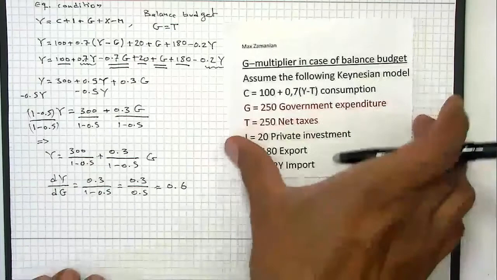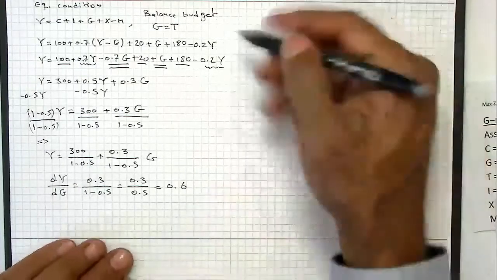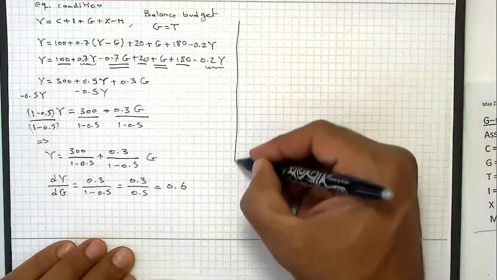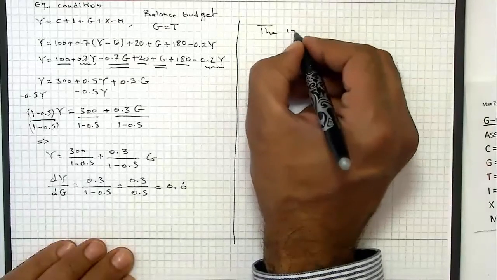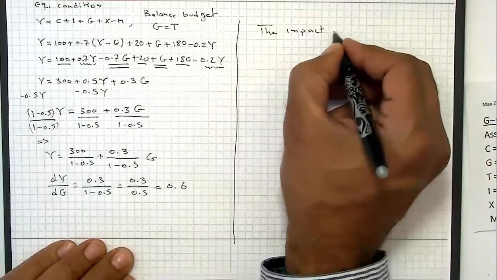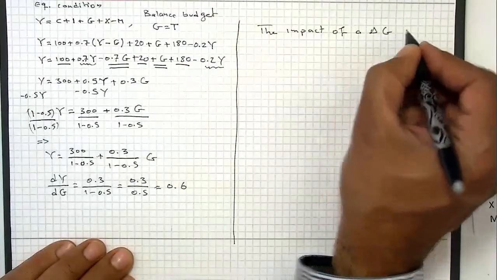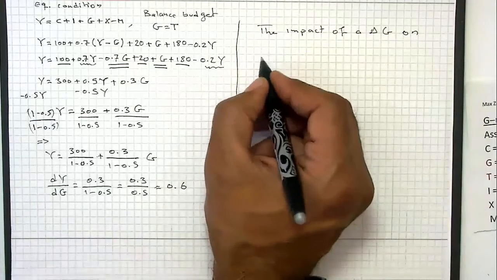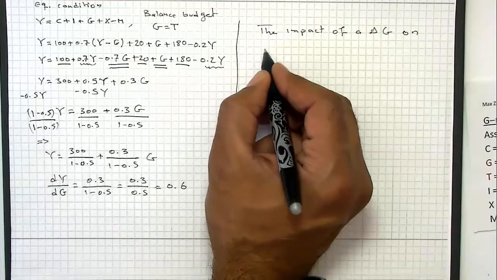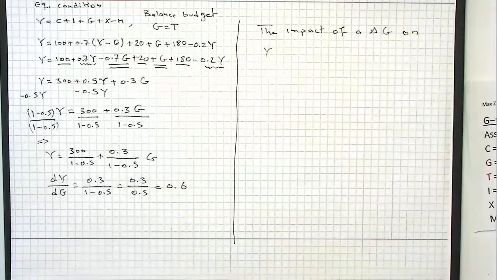Now if you want to go on and see the impact of a change in G on Y, you can use this multiplier.